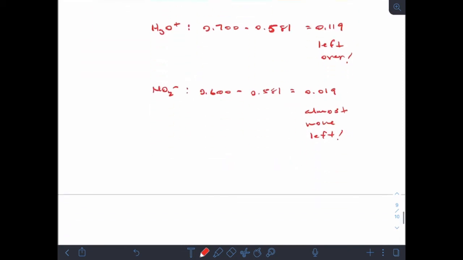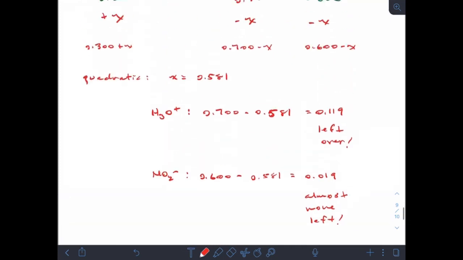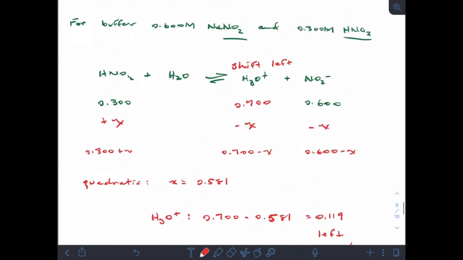Now, how do we tell? In this particular example, we have 0.6 molar of the base and 0.3 molar of acid.